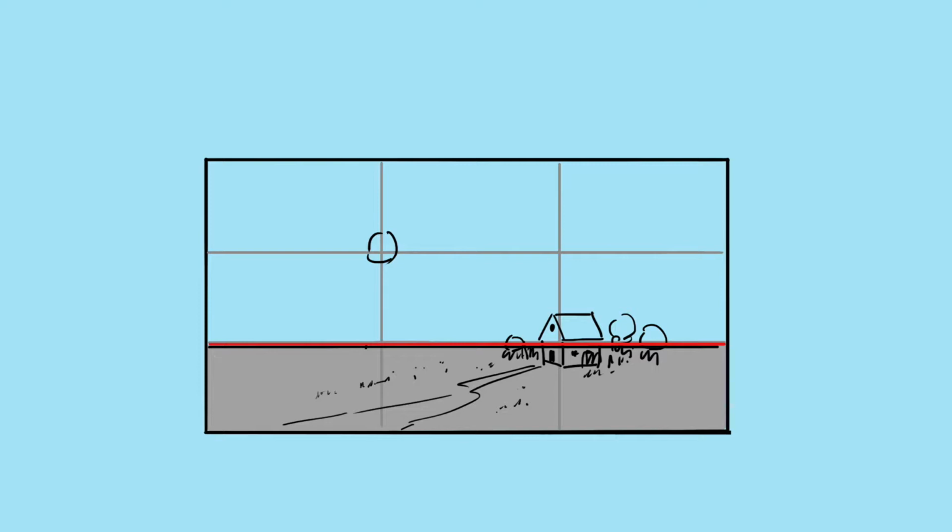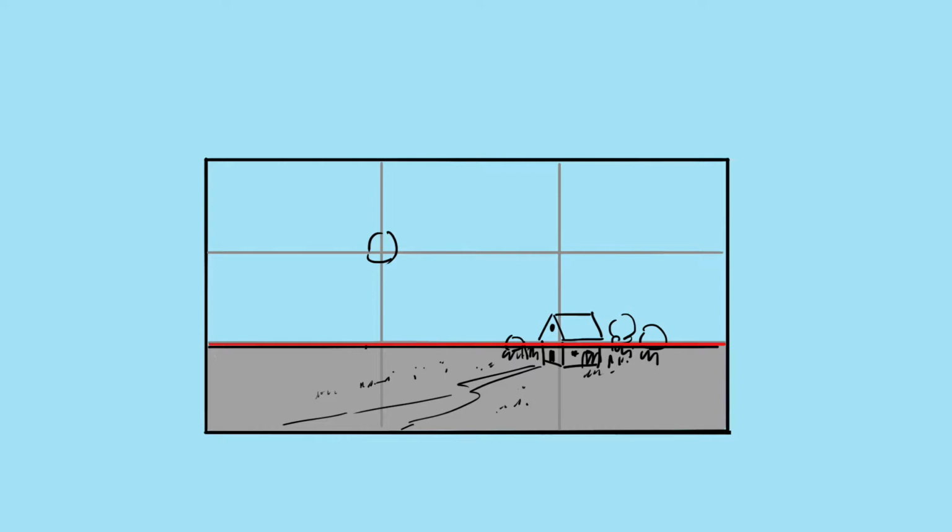When you place your horizon line here, it's usually that you want to emphasize more of the top area of the scene. So in this scene, we want to emphasize the sky and maybe the blue clouds over the house in the scene, right?